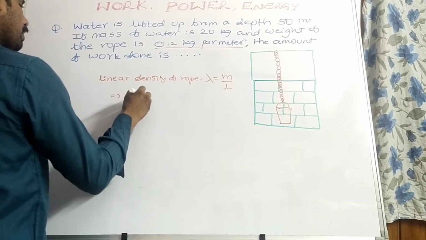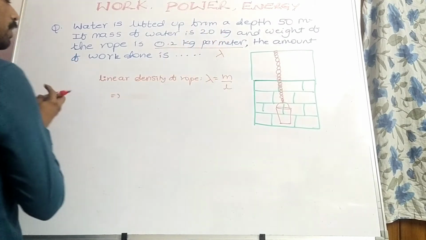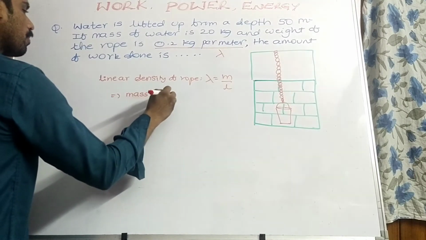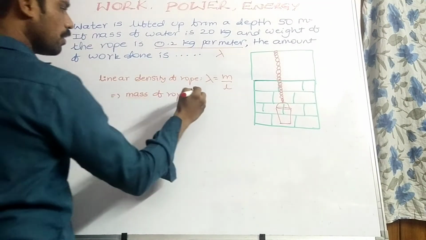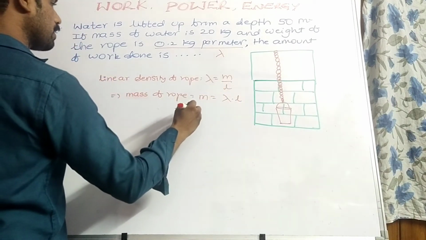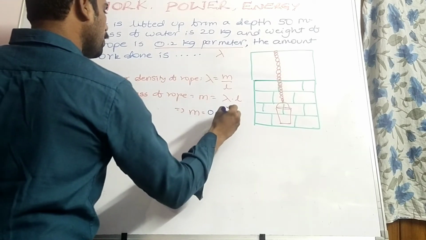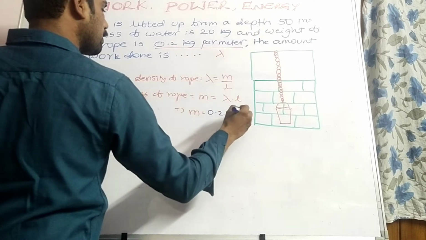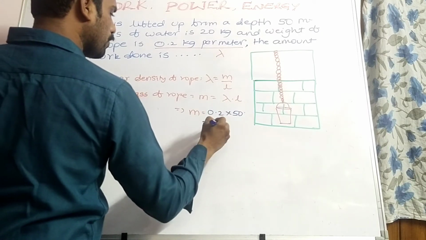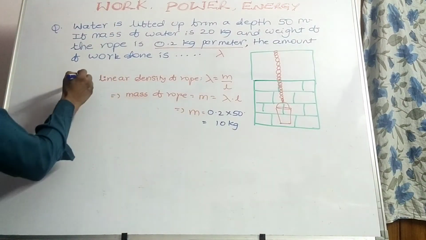Then the mass of the rope, small m, is equal to lambda into L, which is 0.2 into the complete length 50, that is 2 into 5, so 10 kg is the rope mass.